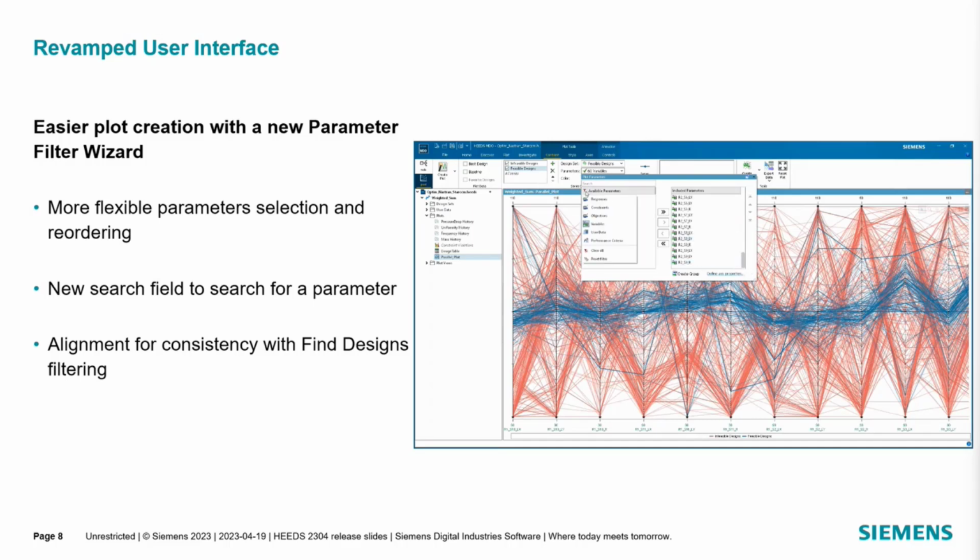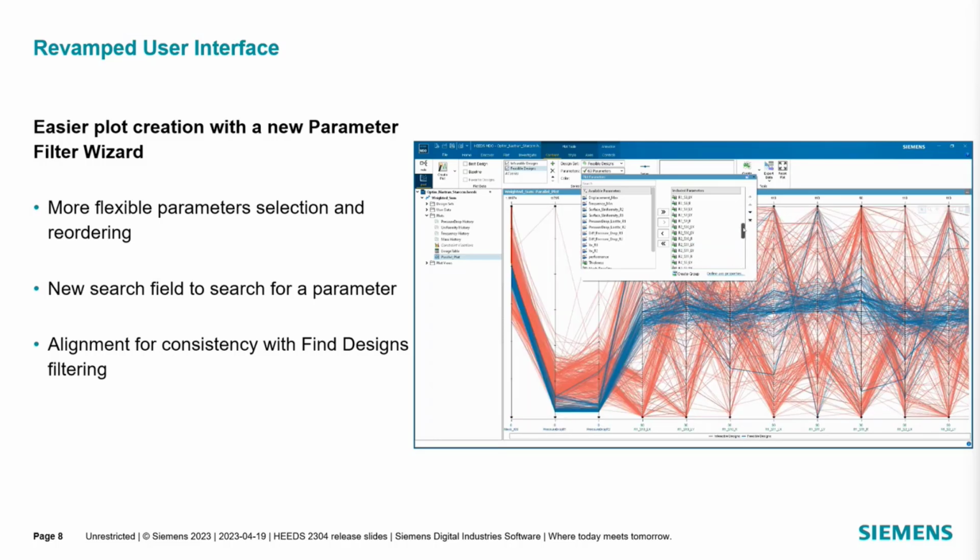That's particularly important when you've got a large number of parameters and want to select a subselection of them. You can also locate parameters by filter keywords, which is very helpful, especially for large projects. And this particular video that is showing at the moment just illustrates the new dialog that has been created for this functionality.